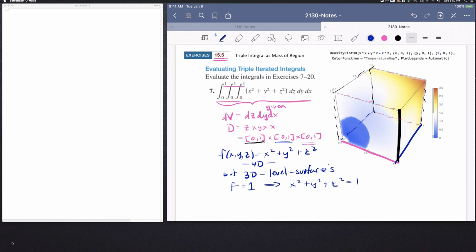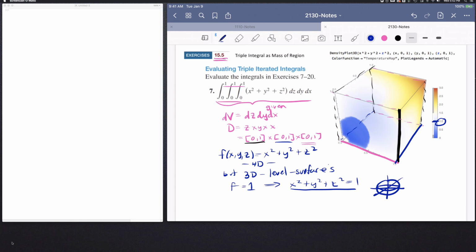All right, so 1, according to this plot, is blue. So what we're seeing here is that all the points that are at a temperature of 1 are on a sphere of radius 1. So this level surface is a sphere of radius 1.